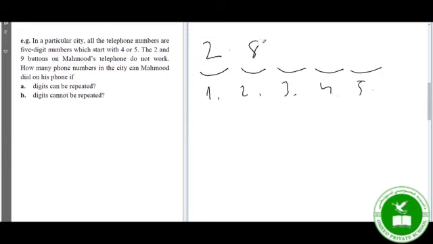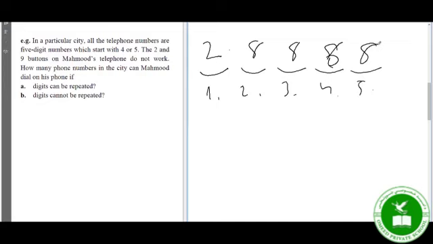So 8 choices he can use for the second digit. For the third digit, he also can use the 8 digits except 2 and 9. For the fourth, also 8 digits except 2 and 9. Again, for the fifth digit, he can also use the 8 other digits.